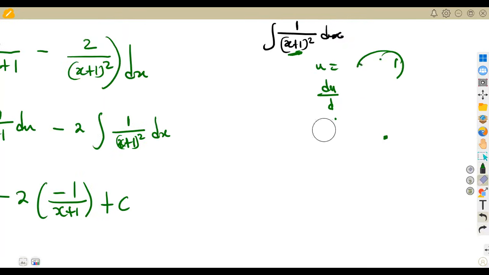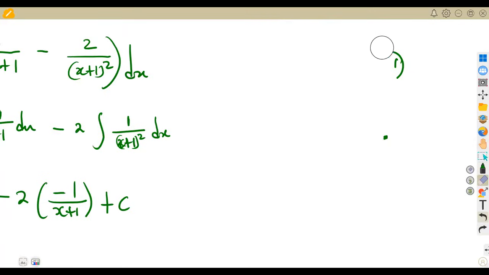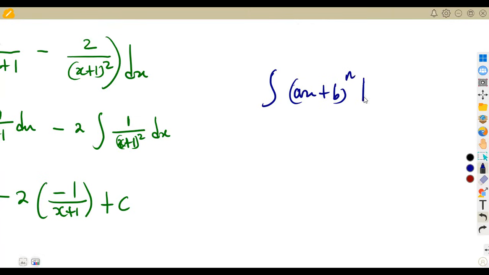Remember from our N5, we talked about this, that if you integrate a certain nature of this, the integral of ax plus b, to the exponent of n with respect to x, you integrate the bracket, which is going to be ax plus b to the exponent of n plus 1.